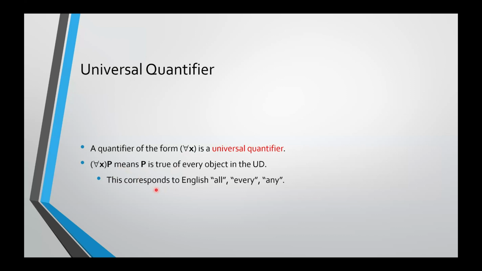It corresponds to words in English like all, every, any, etc. The conventional way of saying this is for all x, or whatever variable you have, right? If you had a w there instead, it would be for all w, etc. That's just the traditional way of saying this.